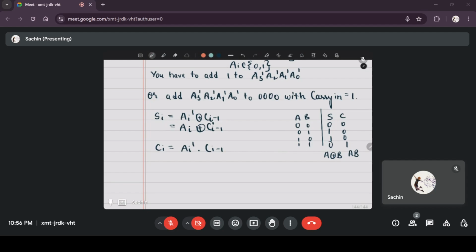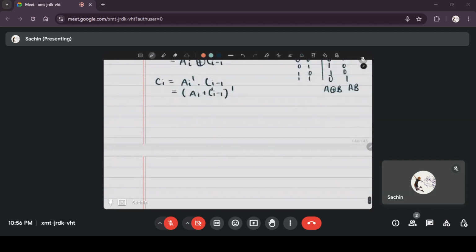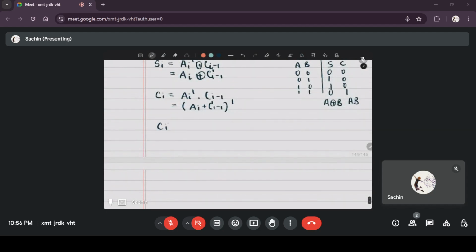And the carry produced in stage i is Ai complement into Ci minus 1, which is nothing but Ai plus Ci minus 1 complement whole complement, which means that Ci complement is A or Ci minus 1 complement.